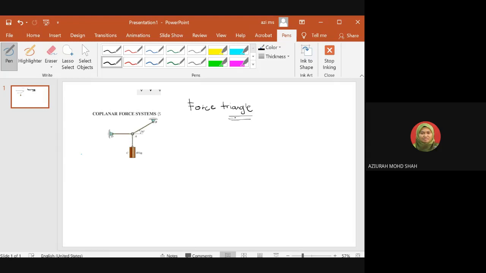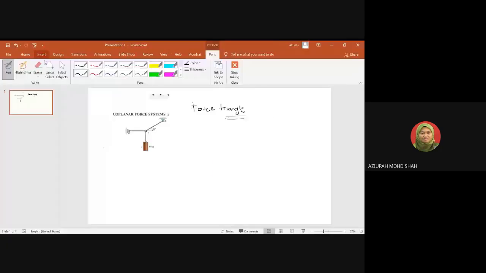So we need to have 3 forces. Pay attention and make sure that you know the difference between the ones that we construct in parallelogram. Tengok betul-betul, nanti saya akan tanya apa perbezaan dia. So force triangle.